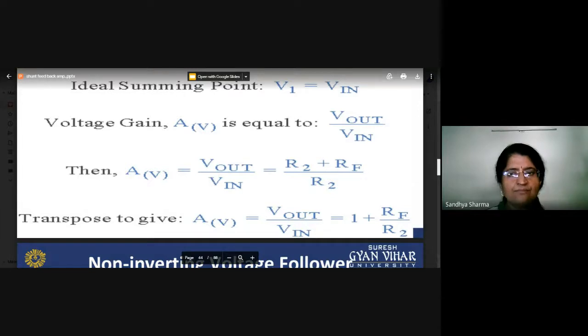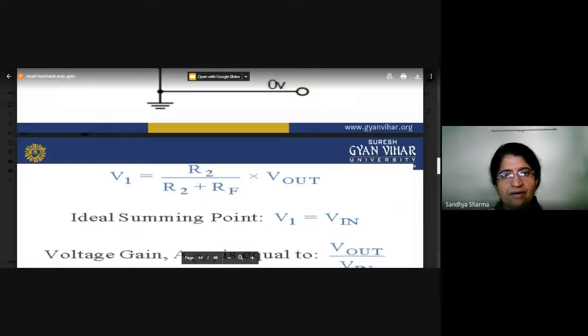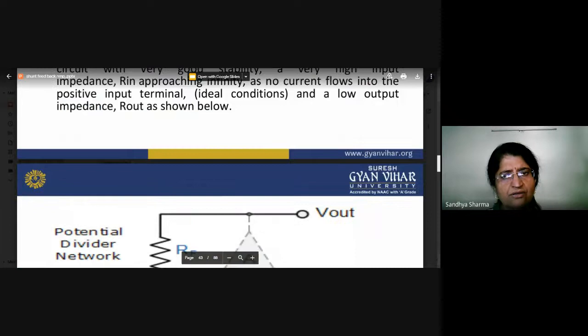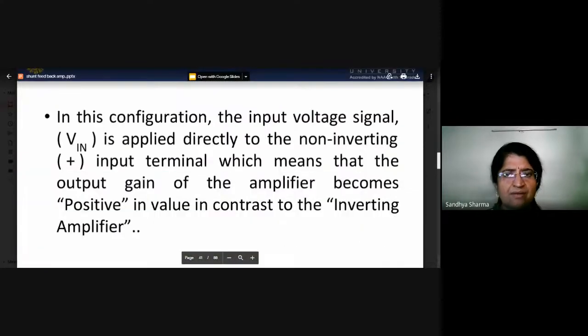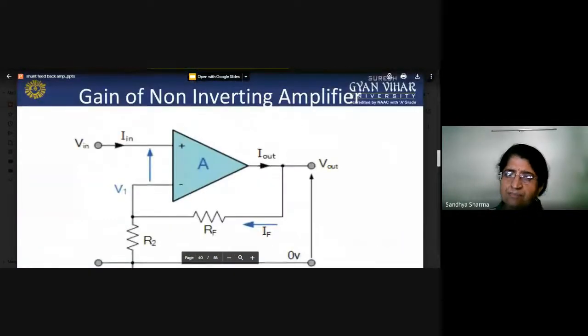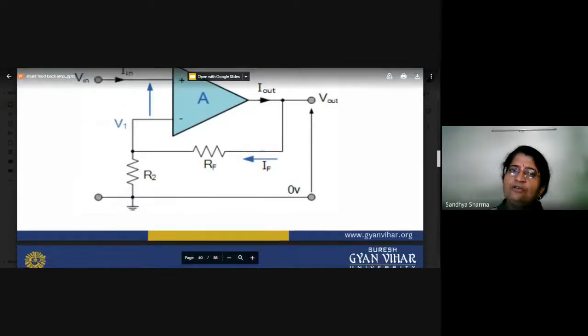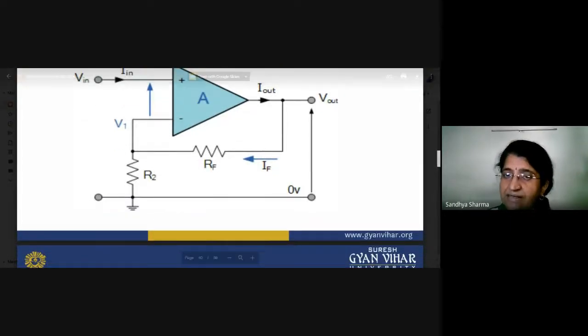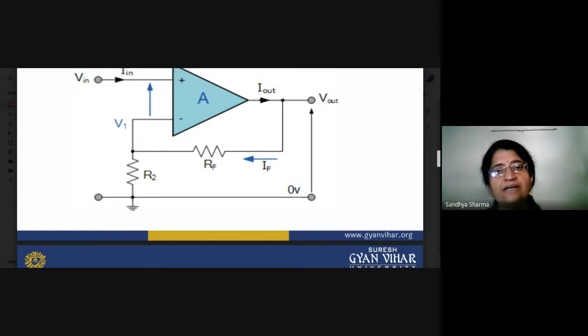So again, I will briefly revise it in case you are not comfortable. First of all, look at this basic diagram. This is the basic non-inverting amplifier. You have to calculate the total voltage gain which the operational amplifier provides us, and on which parameters it depends.